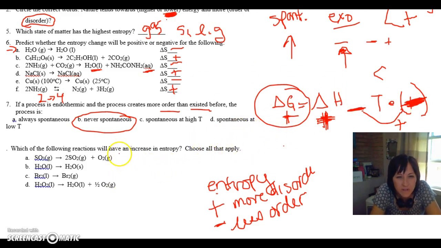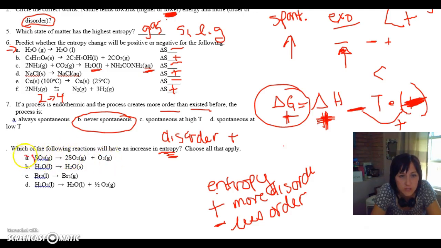All right, which of the following reactions will have an increase in entropy? Choose all. So an increase in disorder. So we want positive. So we're going from gas to gas. We're going from 1 mole to 3 moles. So A will have an increase in disorder, right? It increased in moles. B went from a liquid to a solid, right? It's not increasing in disorder.